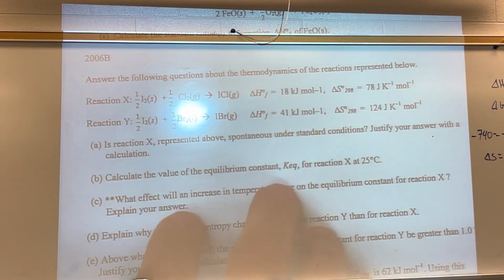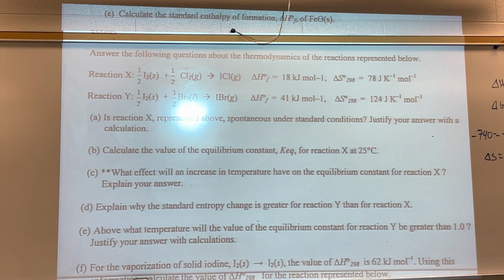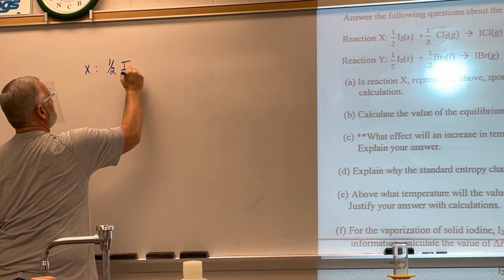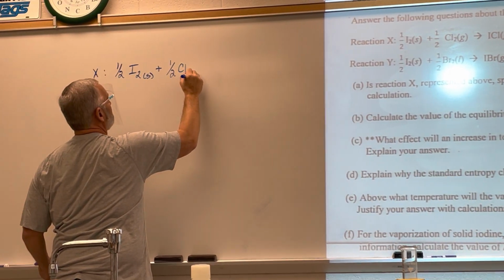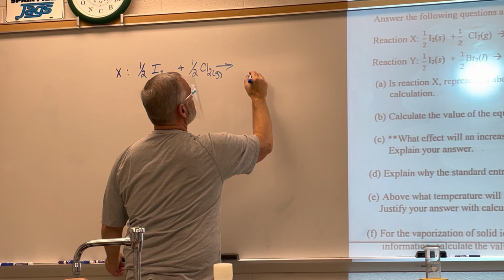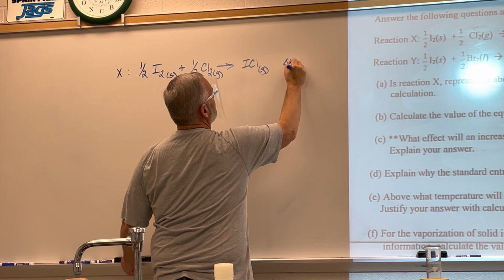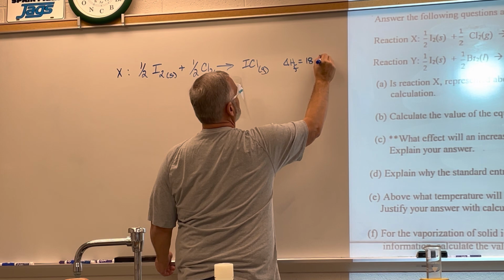Okay, so we're given 2 reactions, X and Y. Now I don't care about any of the parts except the very last one, but I'm gonna go reaction X: 1/2 I2 solid plus 1/2 Cl2 gas makes ICl gas, and delta H is equal to 18 kilojoules per mole.